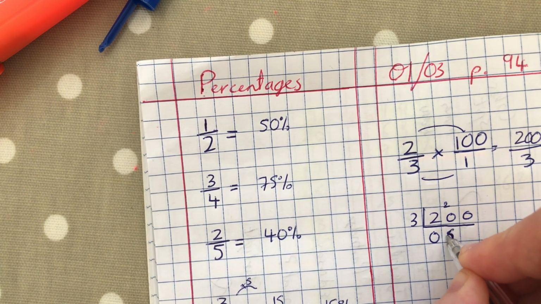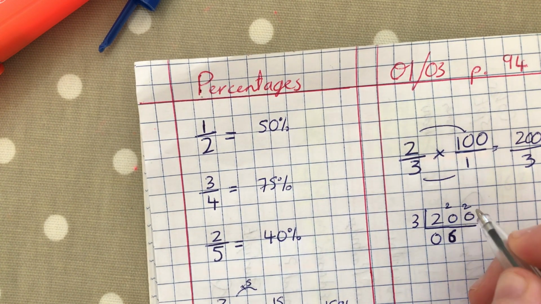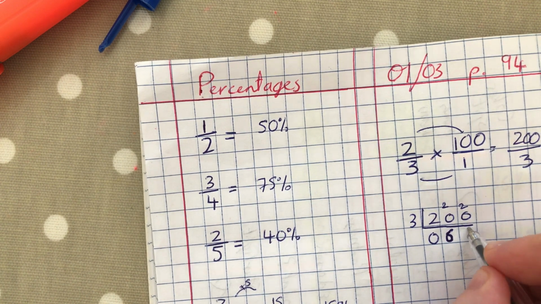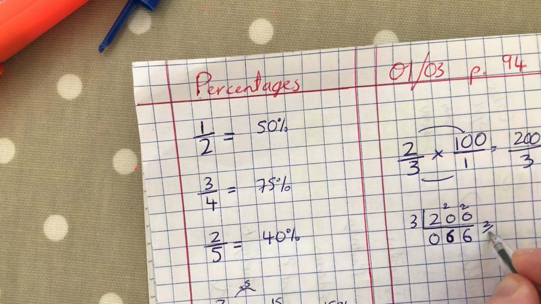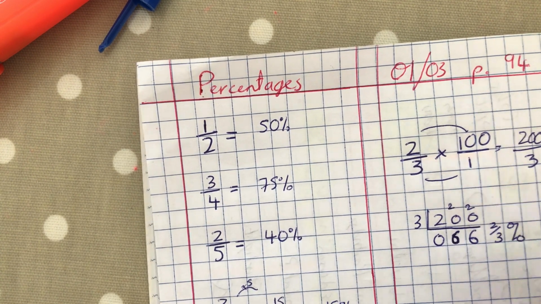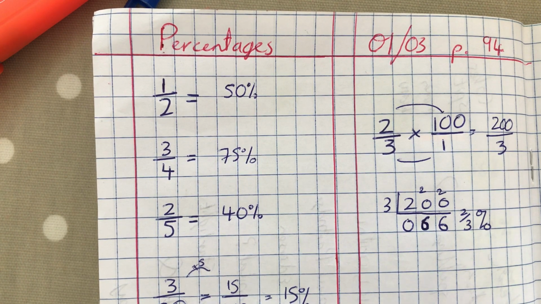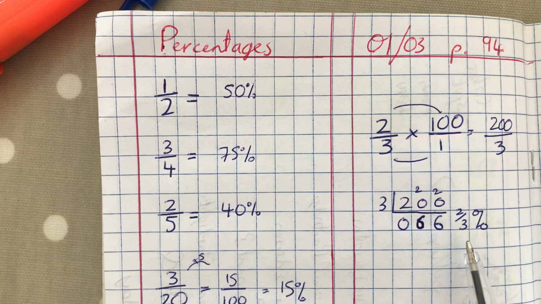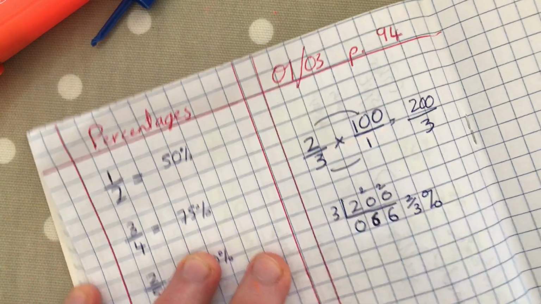Short division, not great. Tables. 3 6s are 18. Remainder 2. 3 into 20 goes 6. And again, we have a remainder of 2. So that remainder of 2 is going to be put over thirds. So 66 2/3%. And if you look at your bookmark, I bet you'll see that 2/3 is the same as 66 2/3%. I might do one more, will I? Yeah, I will.